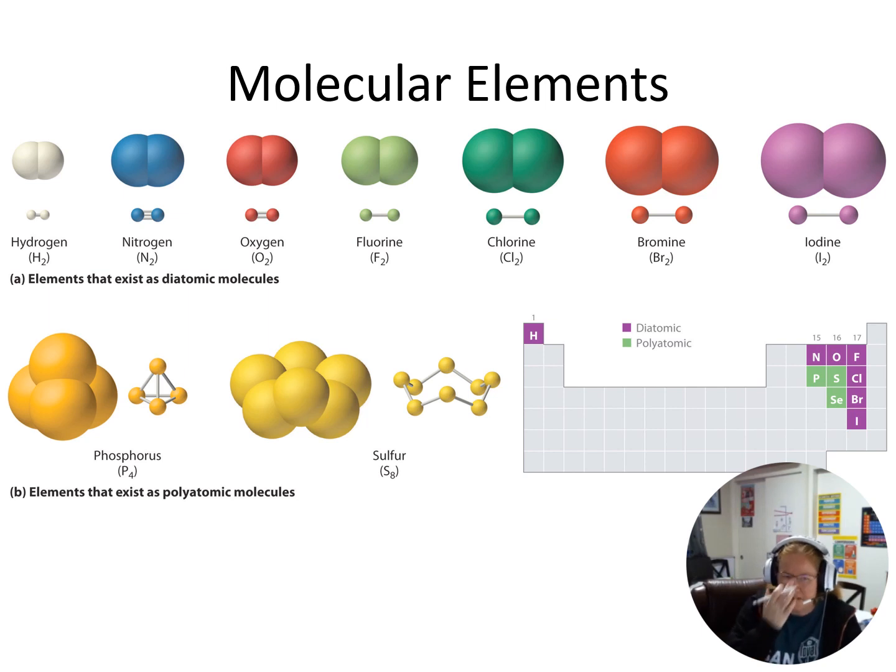And then we have some that exist as polyatomics. Two notable ones there are going to be phosphorus and sulfur. So phosphorus exists naturally as P4, and sulfur exists naturally as S8. So when we start talking about chemical reactions, and I say, oh, solid sulfur reacts with, well, the solid sulfur that reacts is S8. Okay?